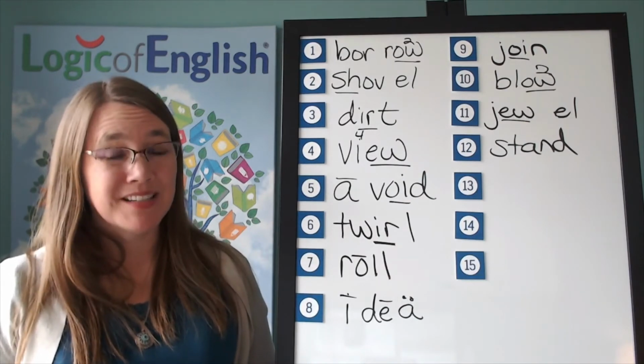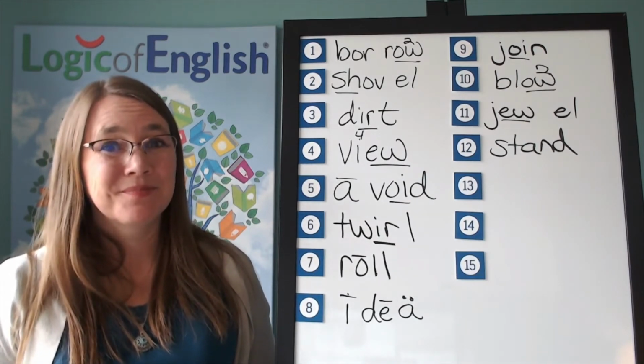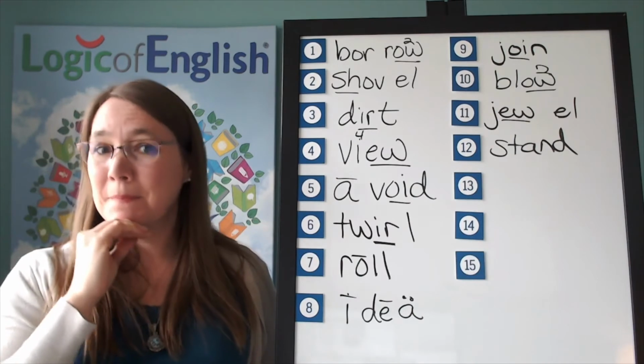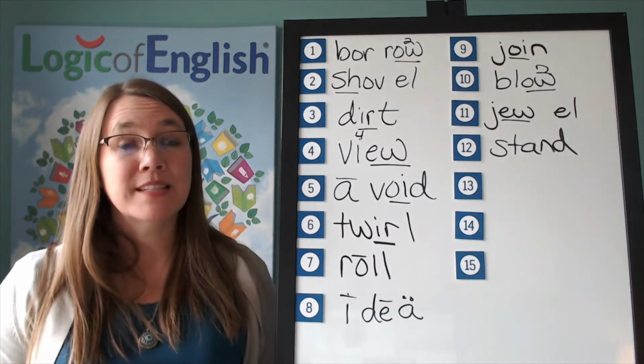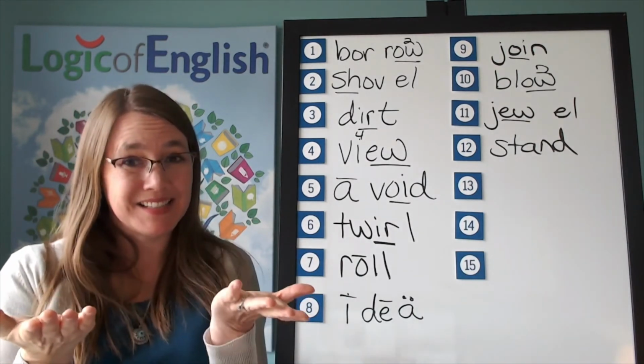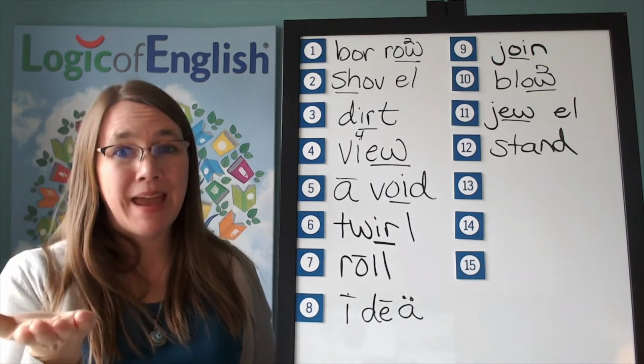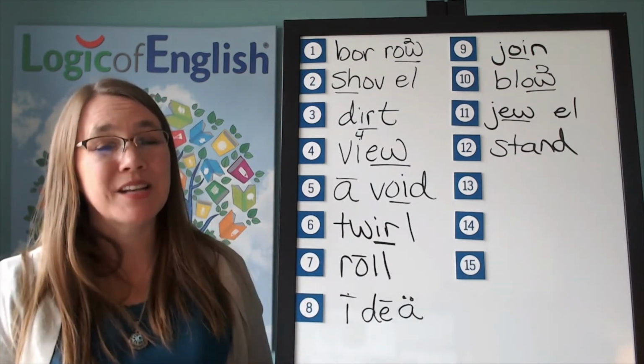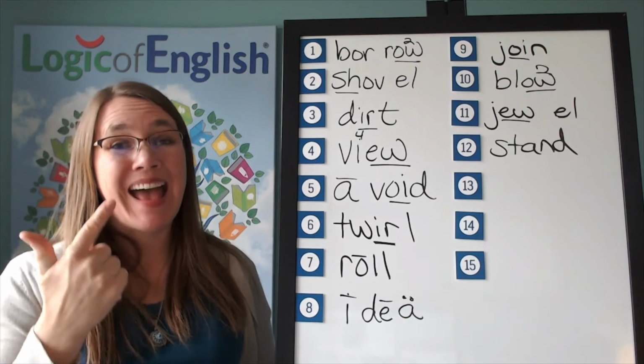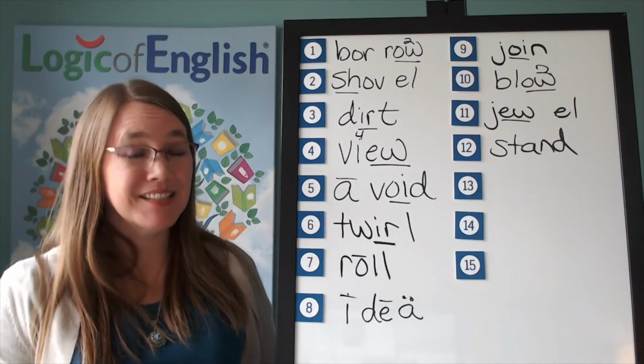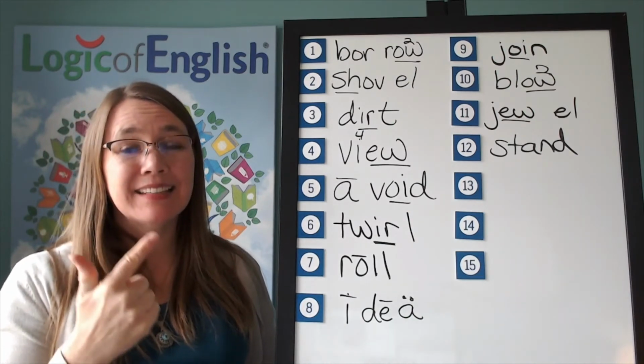The next word is parent. I am a parent. Go ahead and say parent. How many syllables? 2. We will say to spell parent. What will we say to spell? Parent. Let's sound it out. The first syllable is par. P-A-R. The second syllable is ent. E-N-T.